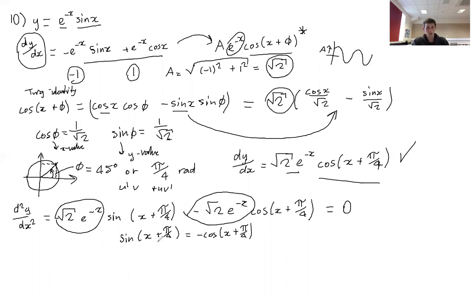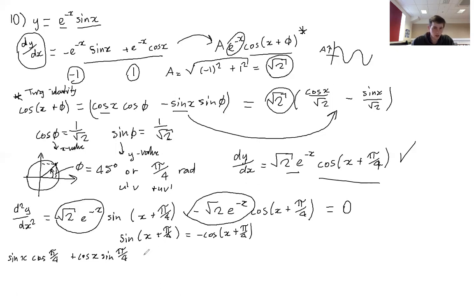Now, we actually need to go ahead and use this form of trig identity again to work out what each of these are to move any further forward. So if you consult whatever source you need, the term on the left will become sine of x cosine pi on 4, plus cosine of x sine of pi on 4.